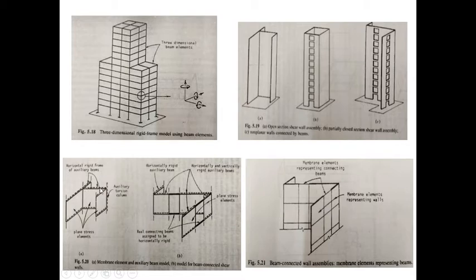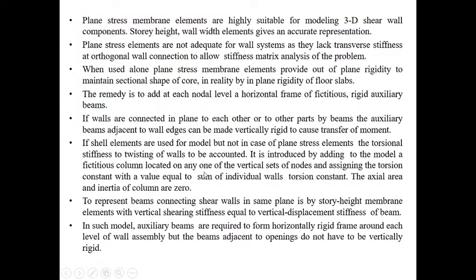These are only horizontally rigid auxiliary beams, whereas at the edges, to transfer the moment, they are horizontally and vertically rigid auxiliary beams.